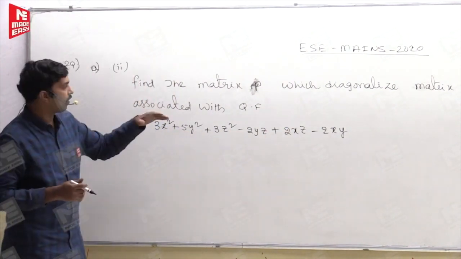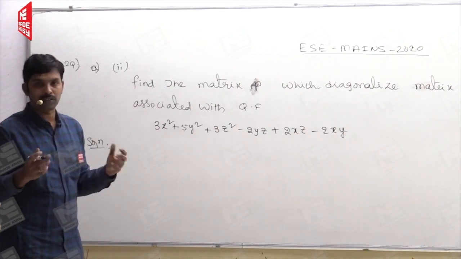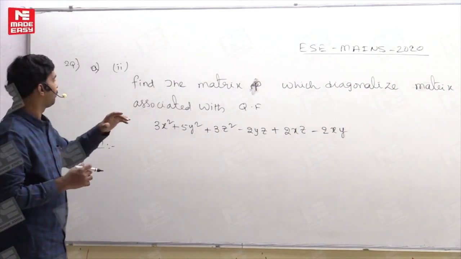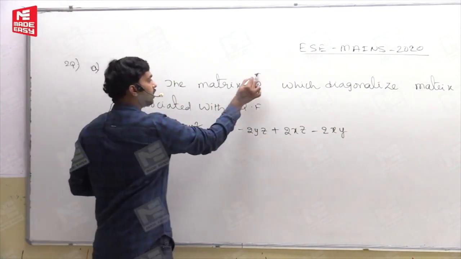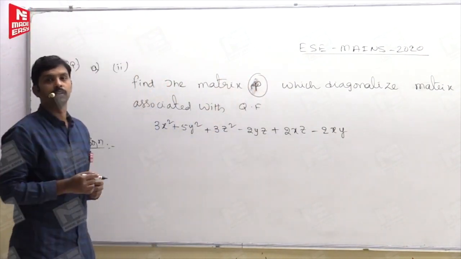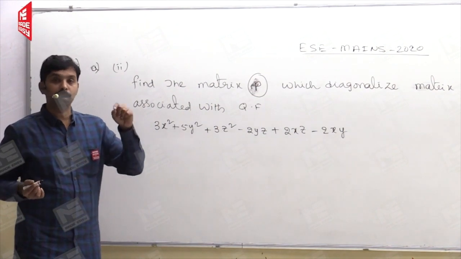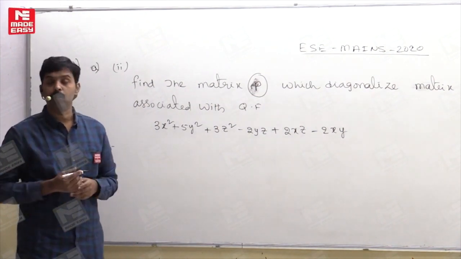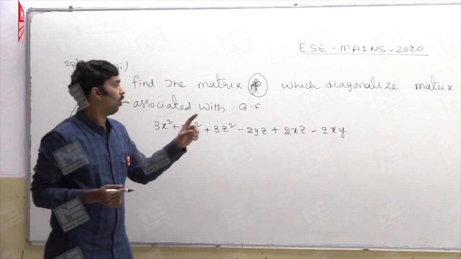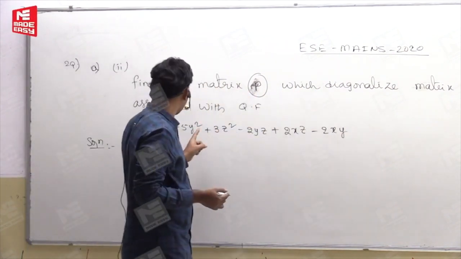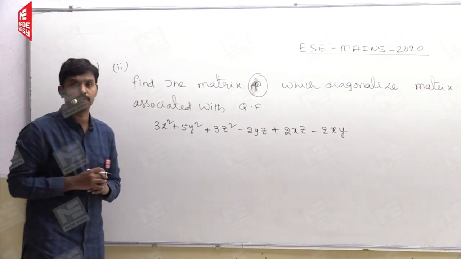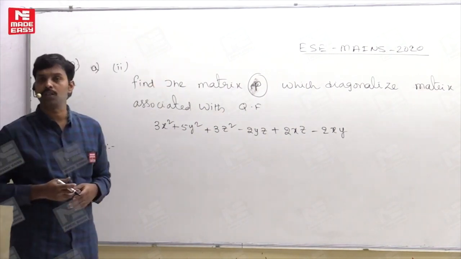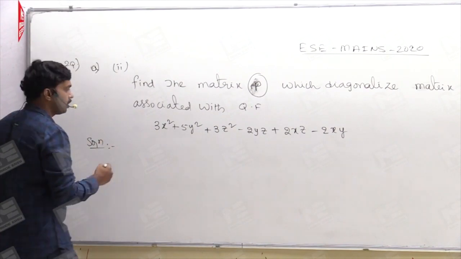After finding this matrix, in the process of diagonalizing it, what is the matrix P? It's the model matrix. We need to find only the model matrix P which can diagonalize the square matrix we obtain from this quadratic form. This is what we have to do. But we already know the concept of diagonalization.